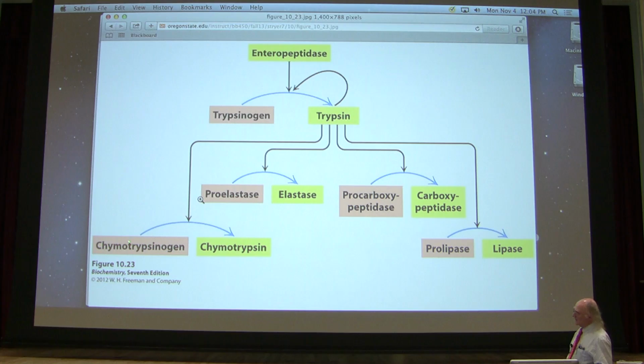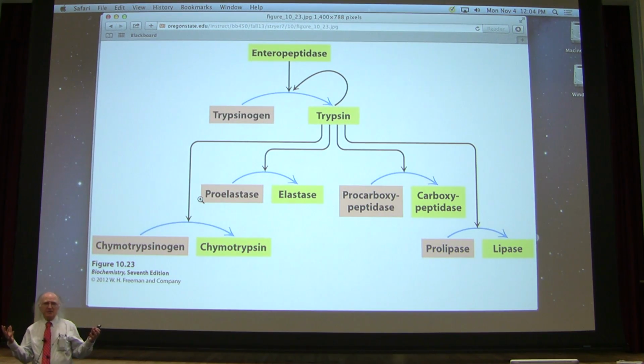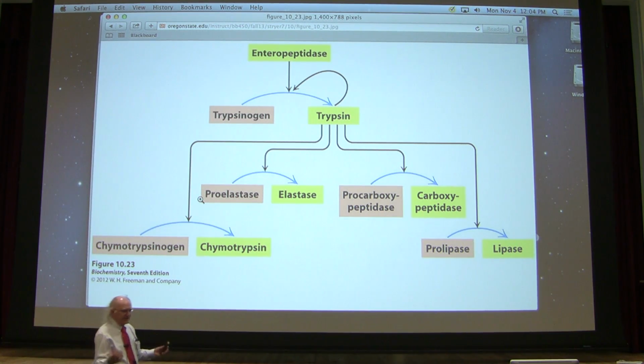So chymotrypsin is initially made in an inactive form as something called chymotrypsinogen, and it gets activated by trypsin, and that activation by trypsin, as we will see, involves cleavage of some peptide bonds that frees and opens up the active site so that the active site can be accessible to bind substrates and, of course, cleave proteins.